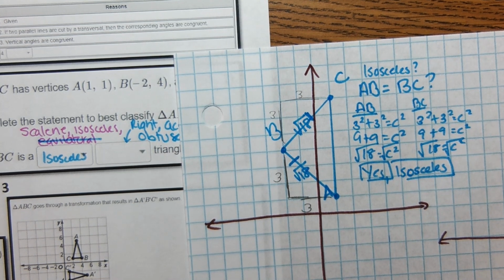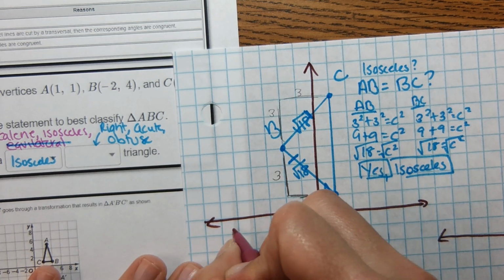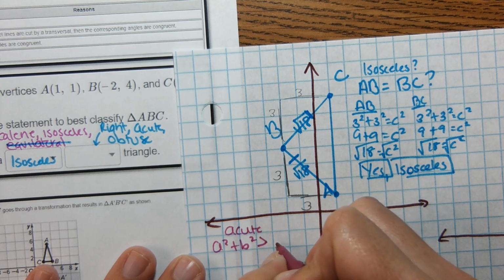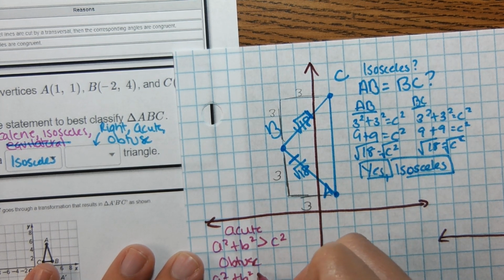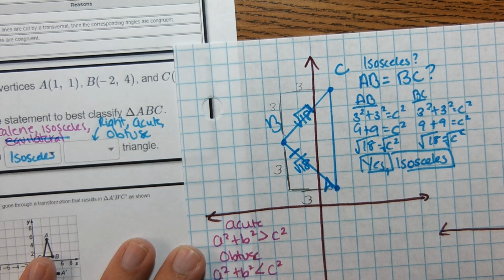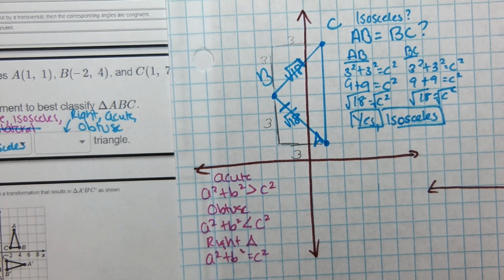Okay, and then I have to determine whether it's right, acute, or obtuse. There are different ways that I could figure this out. One way is that for acute triangles, A squared plus B squared would be greater than C squared. For obtuse triangles, A squared plus B squared would be less than C squared. And for right triangles, A squared plus B squared equals C squared. That's one way I could figure it out. Another way that might be even easier would be to look at the slope.